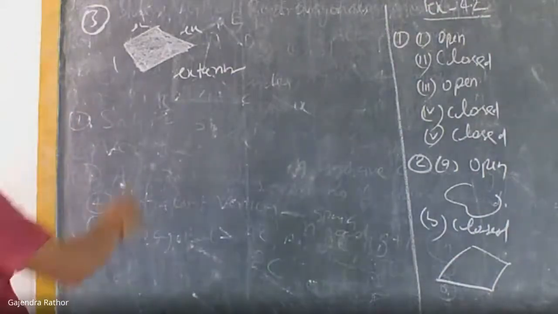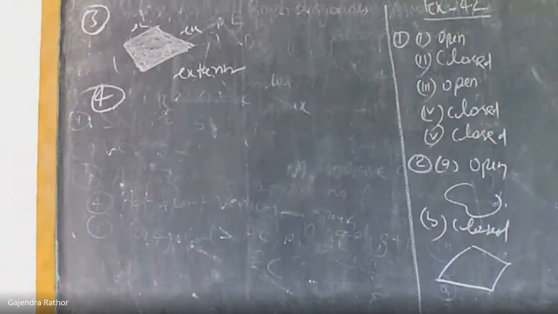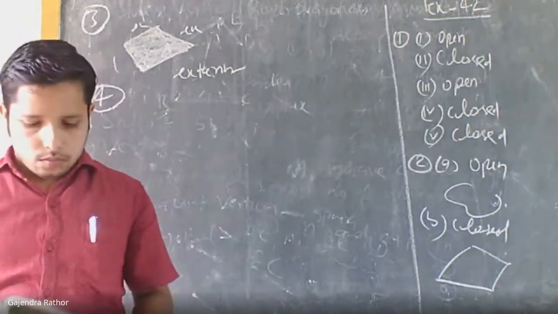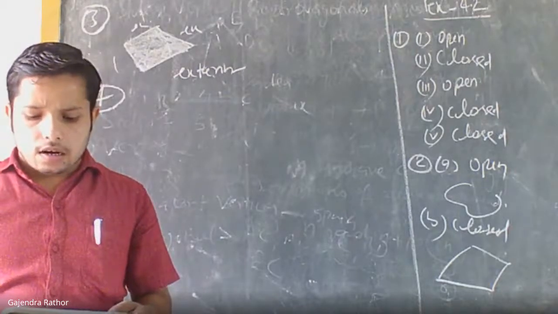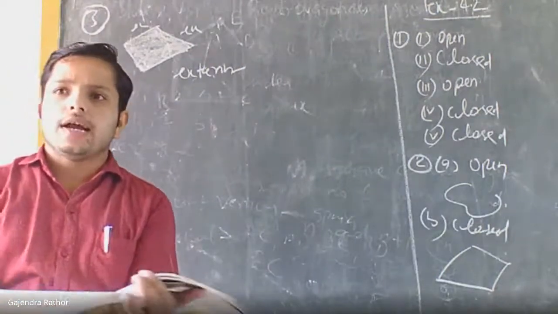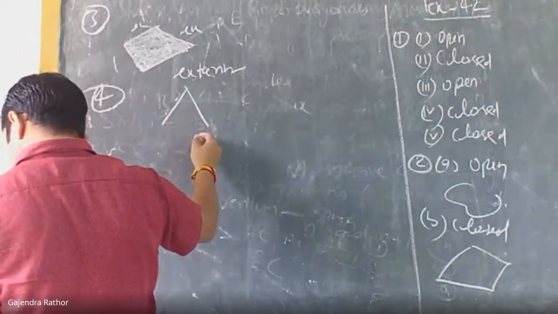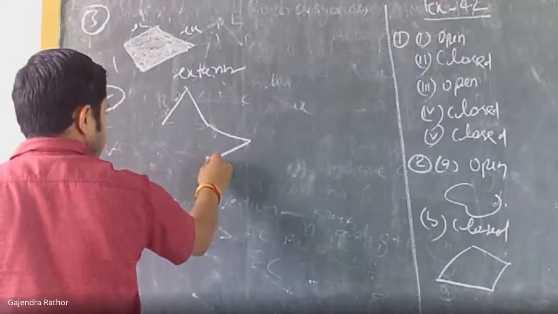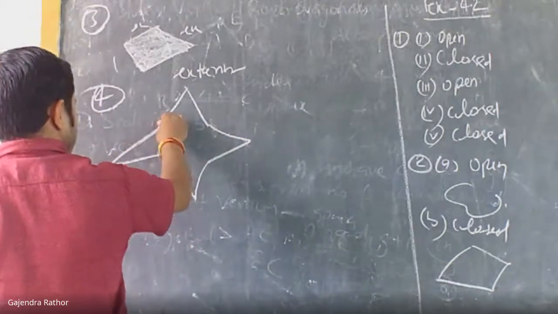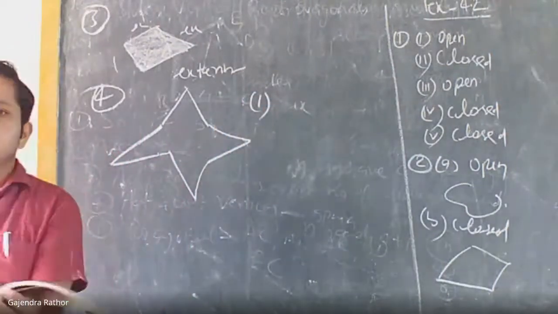So we drew the polygon and also shaded the interior part. The next, question number 4. Consider the given figure and answer the questions. In the fourth question, one figure is given. I am drawing. Okay. First point. Is it a curve?